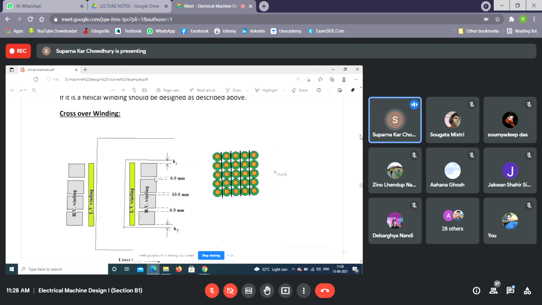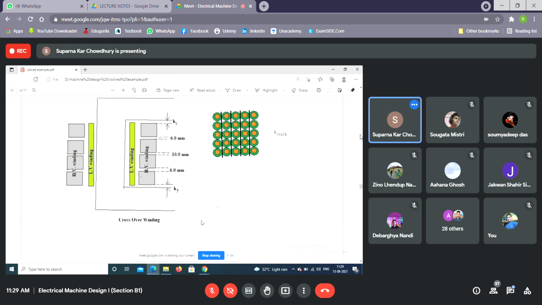Each stack will have a gap of 6 millimeter between it, and one gap should be 10 millimeter to bring out the tapping. So in this figure we have 4 stacks, so we have 3 gaps. One is 10 millimeter, 2 will be 6 millimeter.